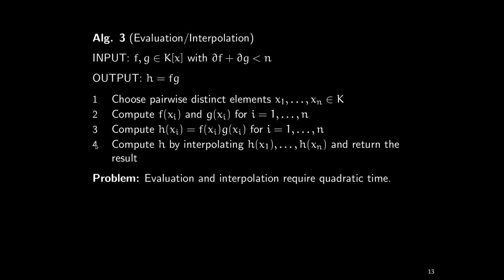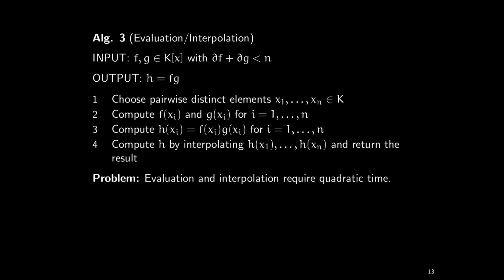In steps 2 and 4, we evaluate the polynomials f and g at n points, and in step 4 we compute the interpolation polynomial for n given points. And these are operations for which you may remember from computer algebra 1 that they take quadratic time. And if you're willing to spend quadratic time for multiplication, then we can as well use the standard formulation by which multiplication is defined. So this is not a solution to our problem.